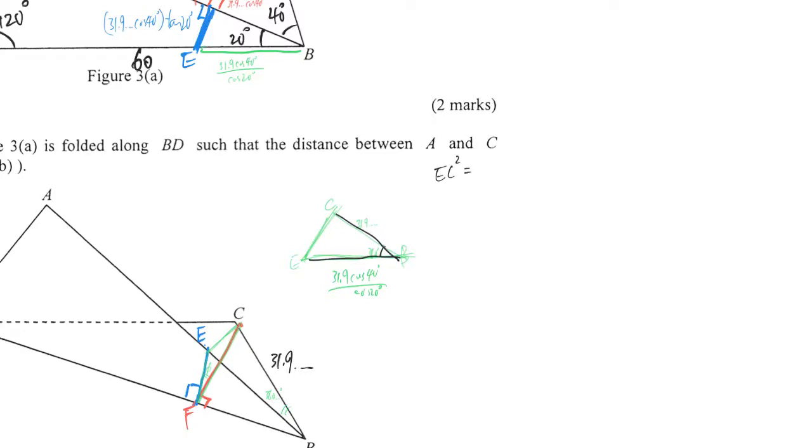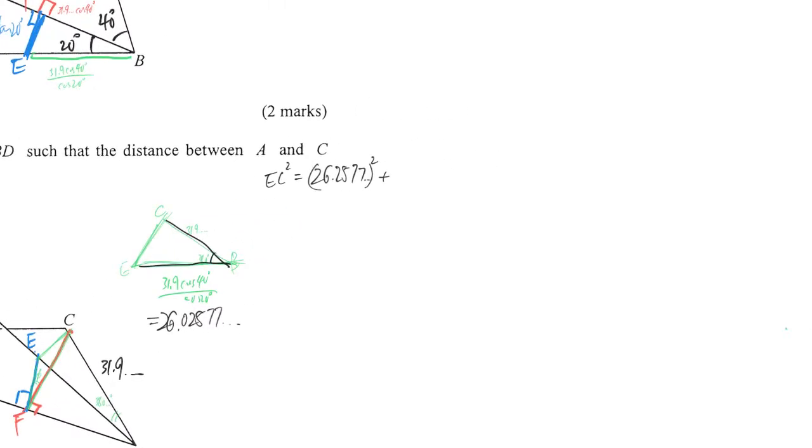EC squared is equal to 26.2577 something squared, plus 31.9 something squared, minus 2 and so on.